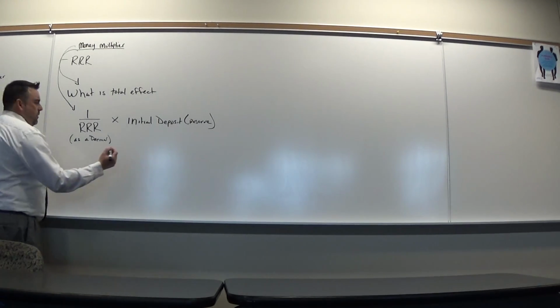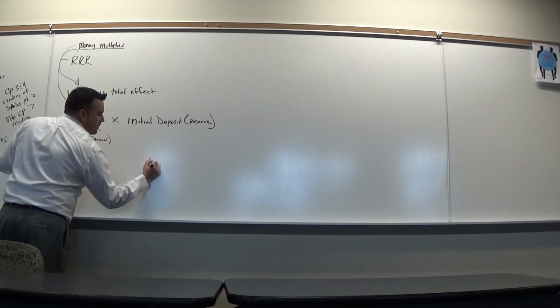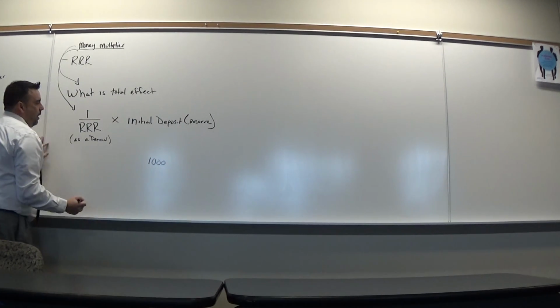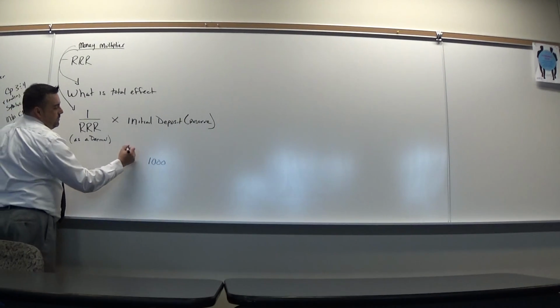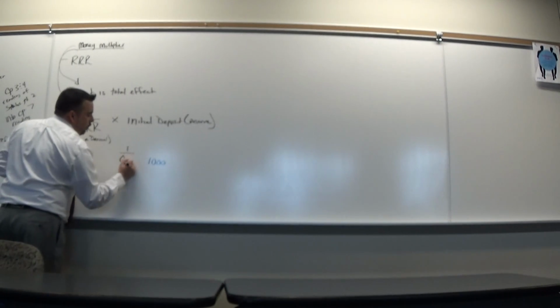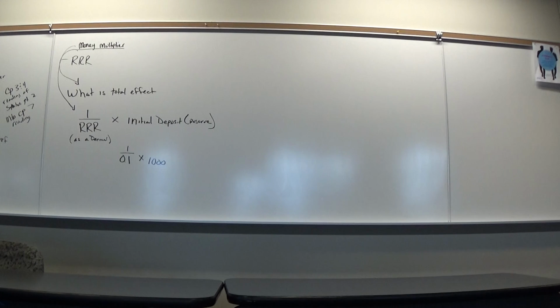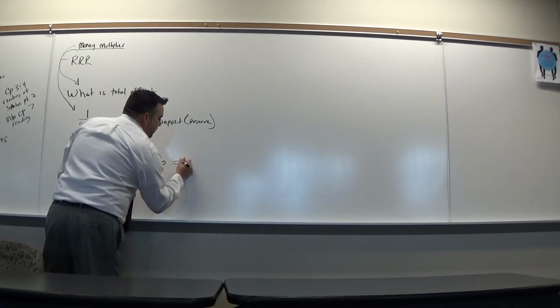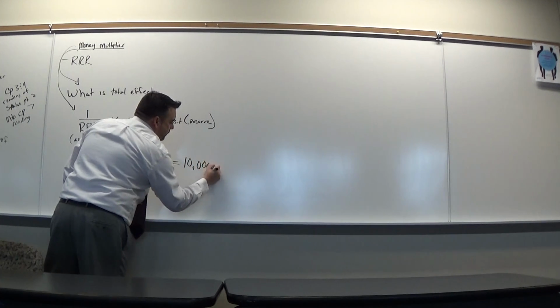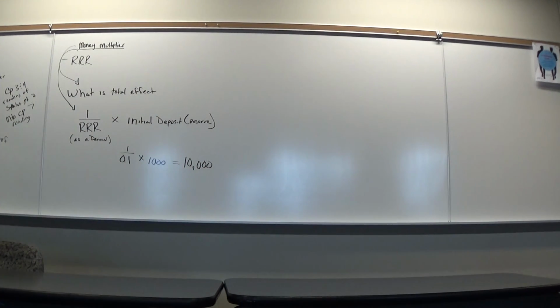So in our class, what did we start with? We started with $1,000. Our RRR, I believe, was 10%, so I'd have 1 over 0.1. So 1 divided by 0.1 times 1,000 gives me a value of $10,000. So that would be the total effect in terms of that supply from society's point of view.